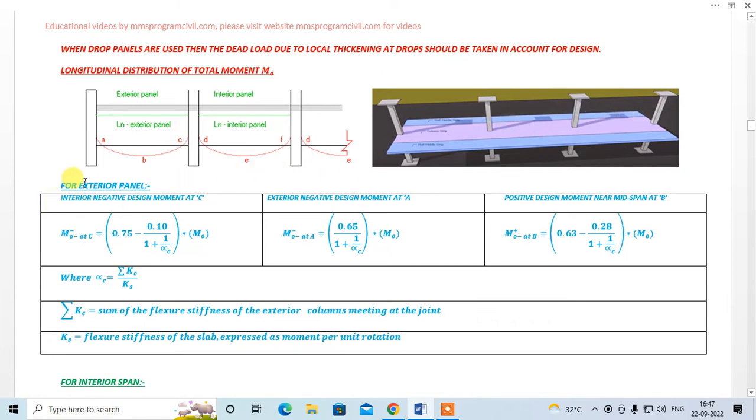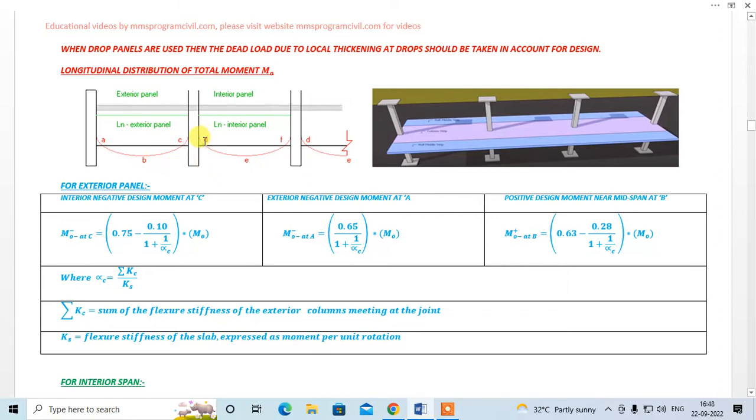The code has given formulas from which you can find the moments. The moments at A and C will be hogging moments, and so they will carry a negative sign, and the moment at midspan, that's B, will be a sagging moment, and it will carry a positive sign.